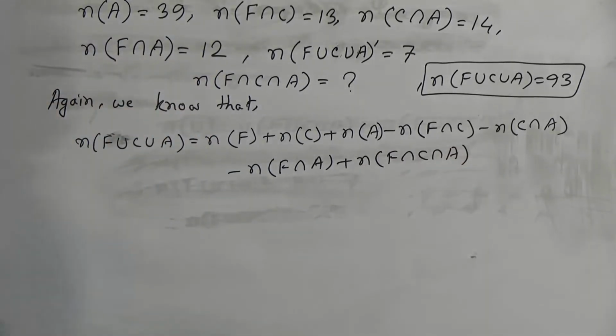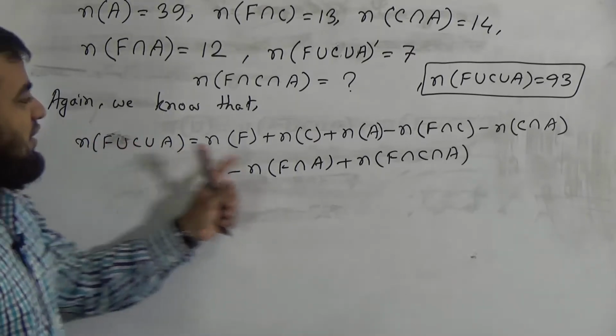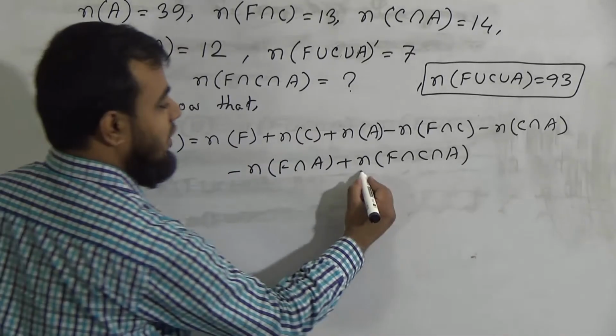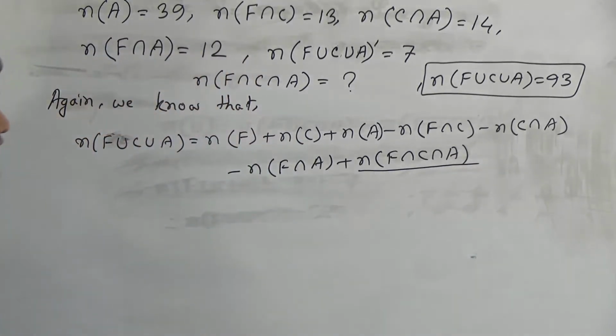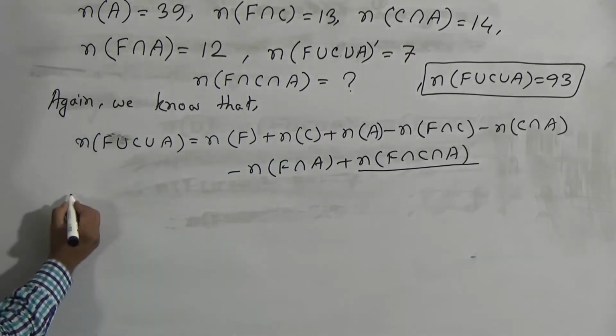We will put in the values of all the sets and find the number of elements of F intersection C intersection A, which is the number of students who are expert in all three games.